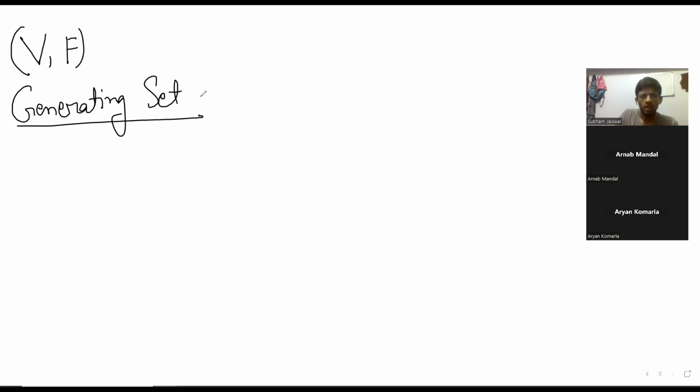So generating set, let's call it S for the moment. I think this is a good notation. Generating set S. And if you want it in terms of minimal or maximal, it will be a minimal generating set.